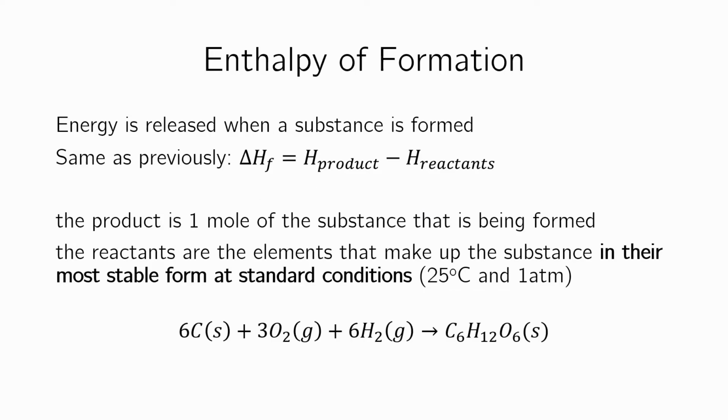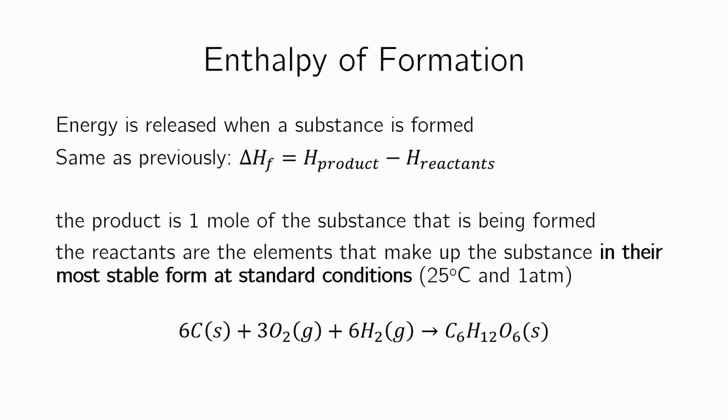So if I have sugar, a product here, and I want to know how much energy is being released when I form it, I need to look at what's making it up. I have C, H, and O making it up. H and O don't exist just like that. It's H2 and O2. And carbon, the most stable form at standard conditions, would be C solid.